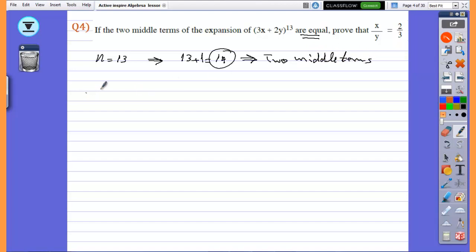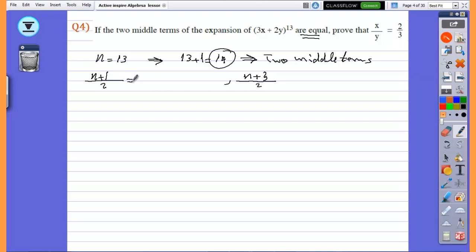The order of the first middle term, by the rule, is (n plus 1) over 2, and the second is (n plus 3) over 2.